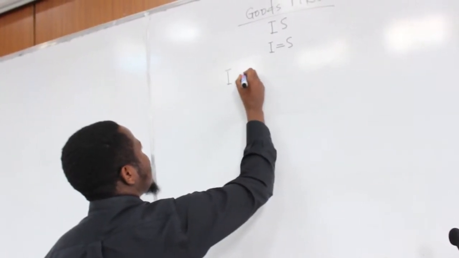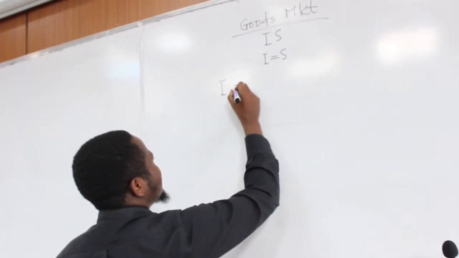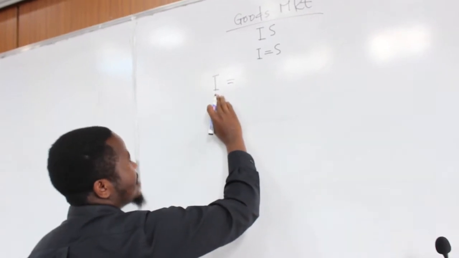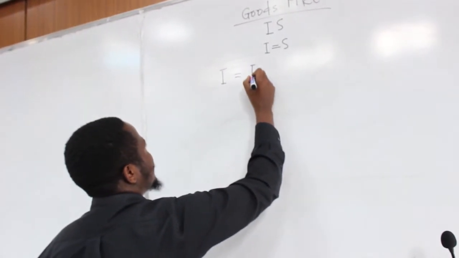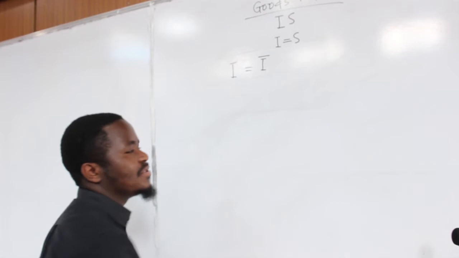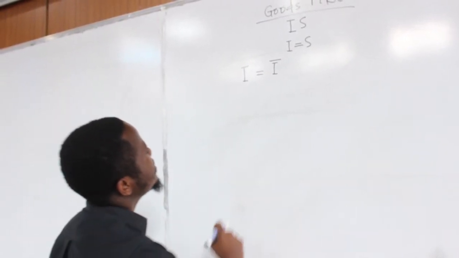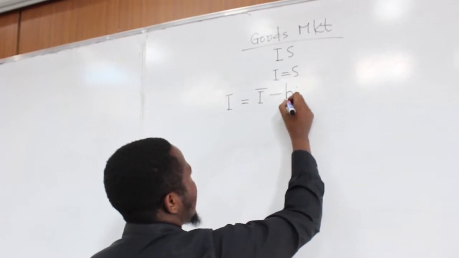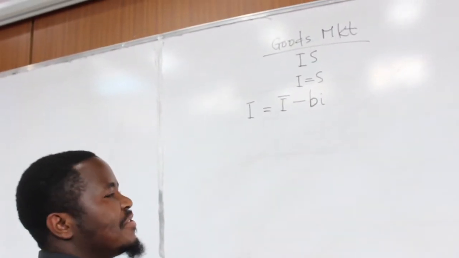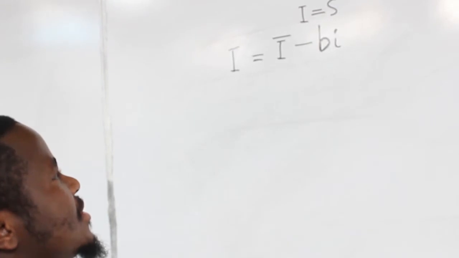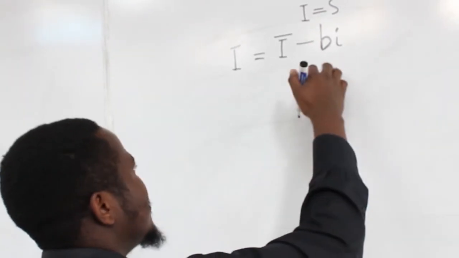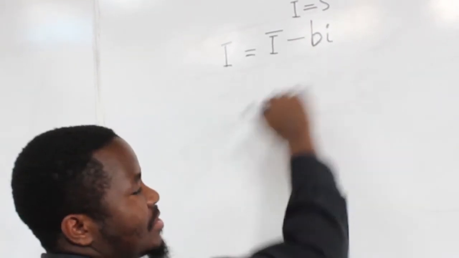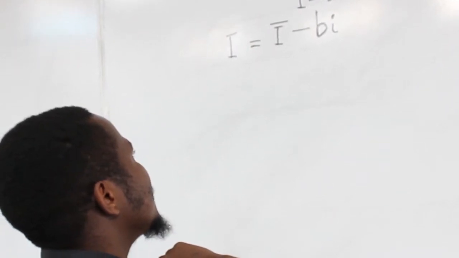The investment function is that total investment expenditure equals some level of investments which we have called autonomous investments. But we also have some levels of investments, the BI, which are affected by the interest rate. The BI together is the total investments dependent on the level of interest rate.